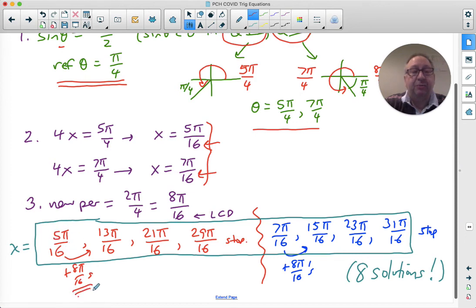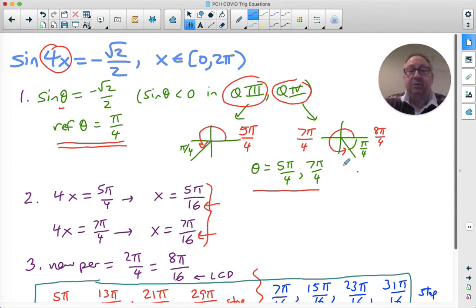Start adding in our new periods. Get 13, 21, and 29, stopping because the next would be too big. Then I go back and pick up 7 pi over 16, do the same thing, adding in my 8 pi over 16 periods. Total of 8 solutions, which if we think about it, we had 2 back here, times the 4 because of the compression, 8 solutions.